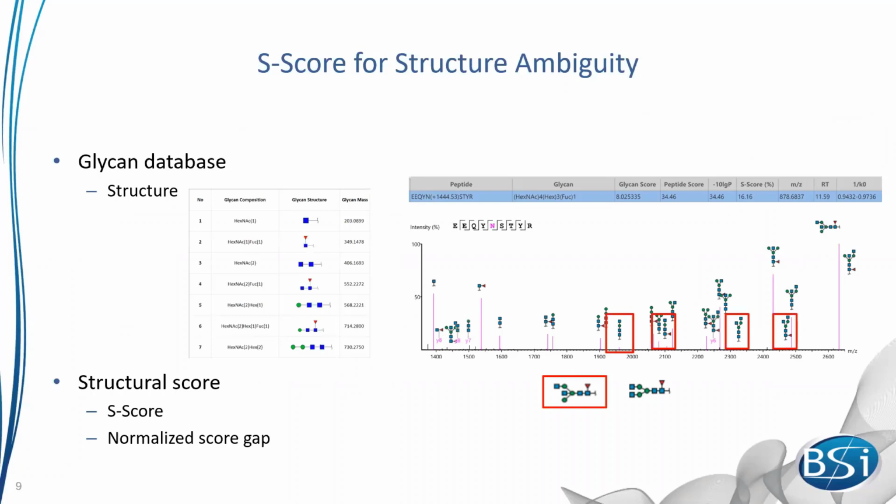This can be a very challenging problem because you have multiple glycans with the same mass and the same composition, but with a slightly different structure. And Peaks provides an S-score. It's a normalized score gap between the most, what we consider to be the actual structure that is matched to the spectrum.